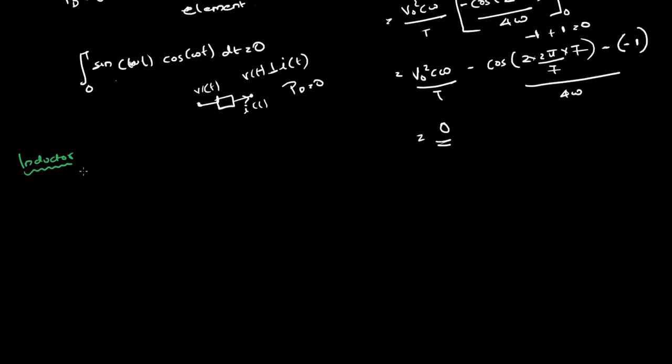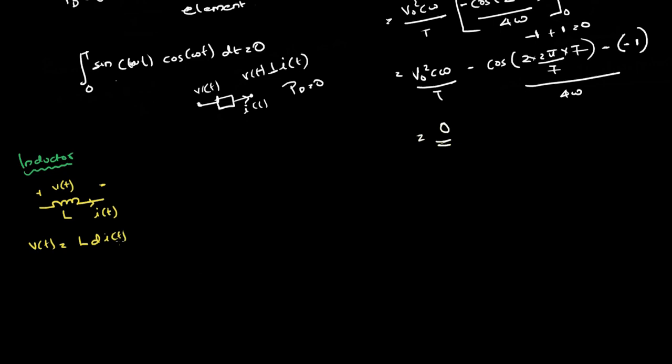Suppose you have an inductor with inductance L and a current I of t flows through it. Then the potential difference generated across the inductor, V of t, can be written as V of t equal to L di of t by dt.